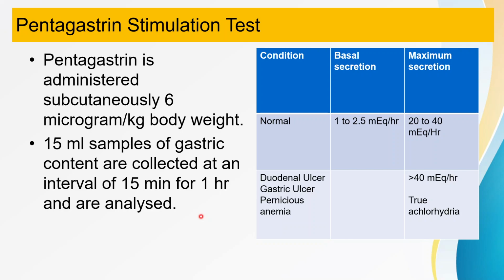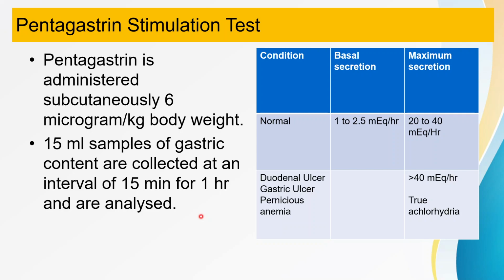It is a very useful test to diagnose true achlorhydria in the case of pernicious anemia, Zollinger-Ellison syndrome, and duodenal ulcer. Normally the basal gastric acid secretion ranges from 1 to 2.5 milliequivalent per hour, which will increase to a maximum level of 20 to 40 milliequivalent per hour after stimulation, that is after the administration of pentagastrin.